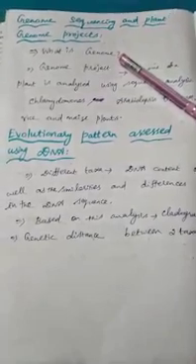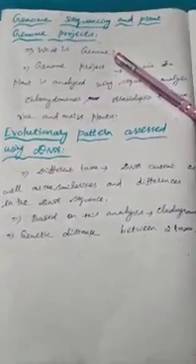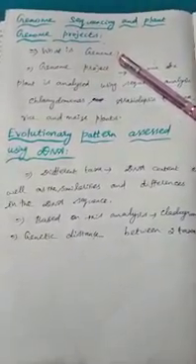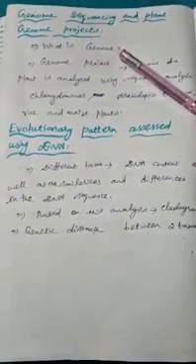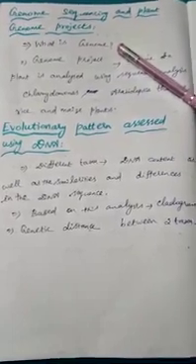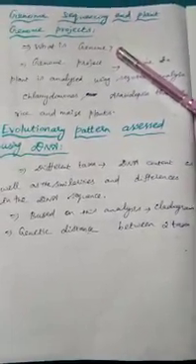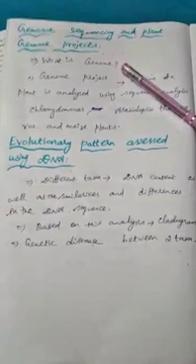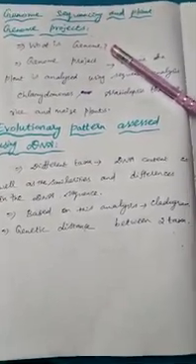So genome means the whole complement of genes that determine the characteristics of an organism. Genome may be either a nuclear genome, mitochondrial genome or plasmid genome, because they all have genes.